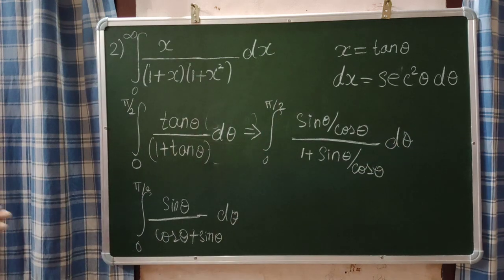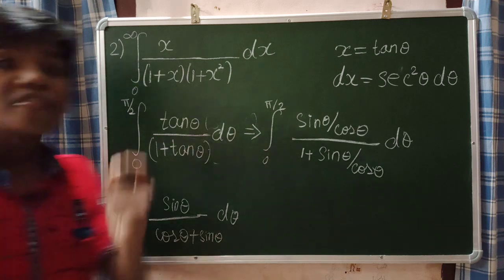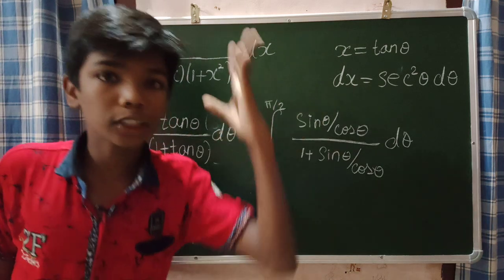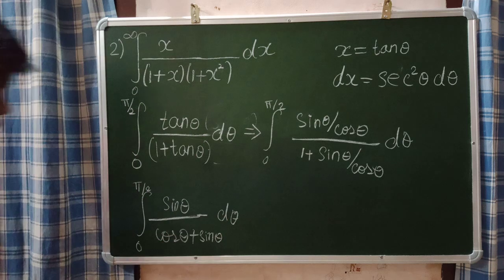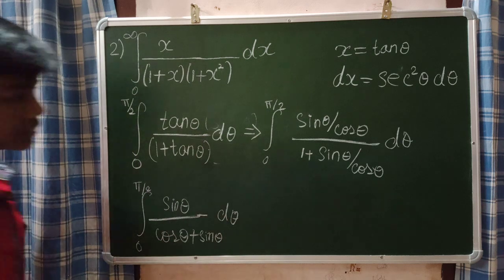Now guys, listen carefully, I'm going to use our famous King's rule, which is the most expected one in your JEE Mains and JEE Advanced. So what does the King's rule say?